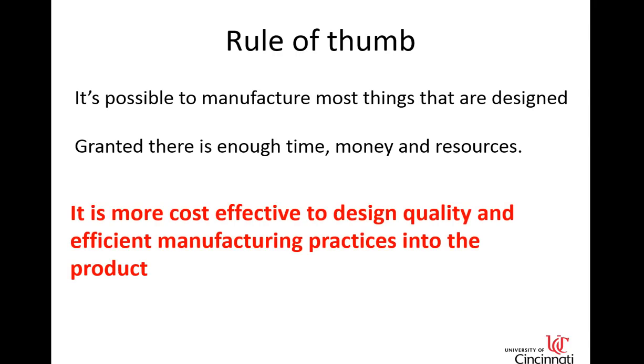So it's more cost effective to design quality and efficient manufacturing practices into the product. Now, this is a concept that you see in Lean, and in a lot of Toyota manufacturing processes or philosophies. It's the whole idea of designing quality in particular into the process.